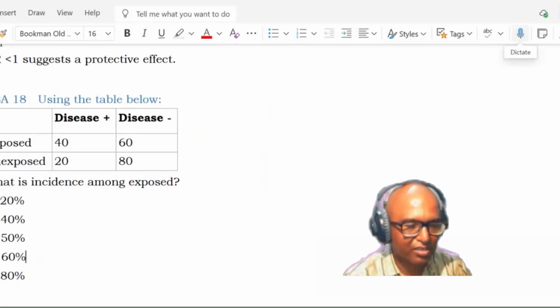What is the question? What is the incidence among the exposed? Okay, exposed. So 40 upon 40 plus 20.